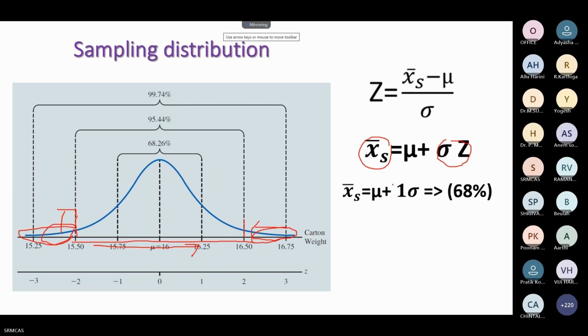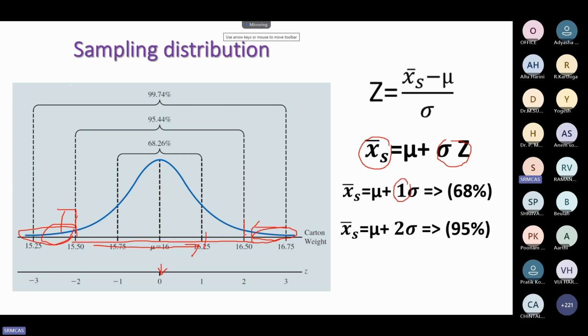Okay, so for example, if our estimated value and population value are equal, then we will get 0 here. So z is equal to 0 whenever our estimated value and population value are equal. Okay, in that case, if the z value is 1, then it will be here.